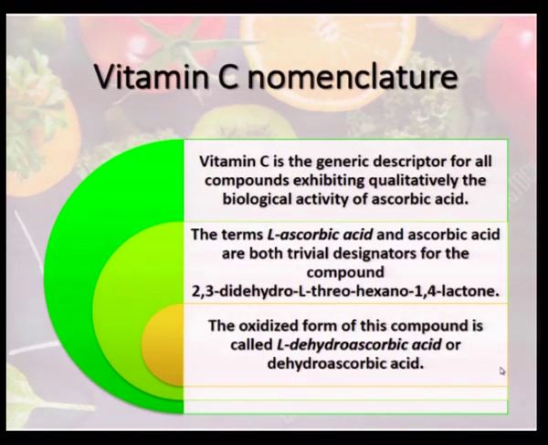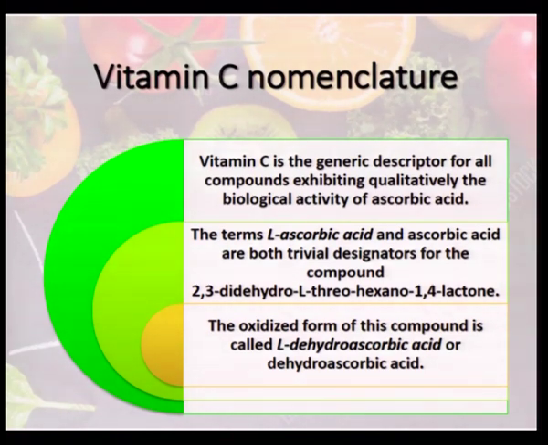If you look at the nomenclature of vitamin C, although we have seen vitamin C being a chief vitamin for all these reactions that we have discussed so far, we also look closely at what exactly is the chemical identity for these vitamins that belong to the vitamin C category.